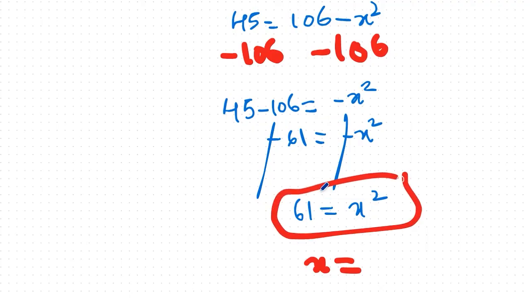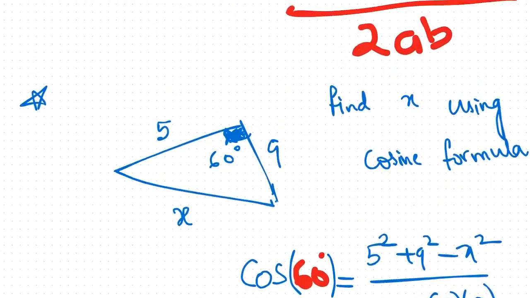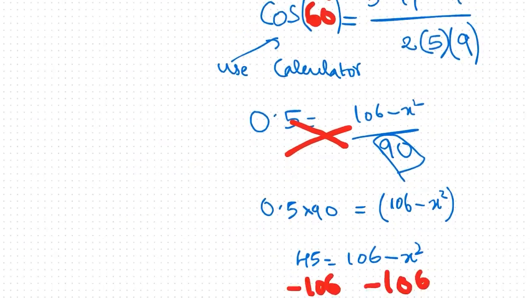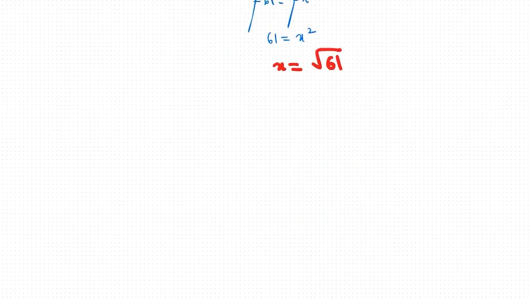X square was 61, so square becomes square root. This is the answer. So you use the cosine formula even when the angles are not mentioned in the question, like A, B, C, P, Q, R. That is the way.